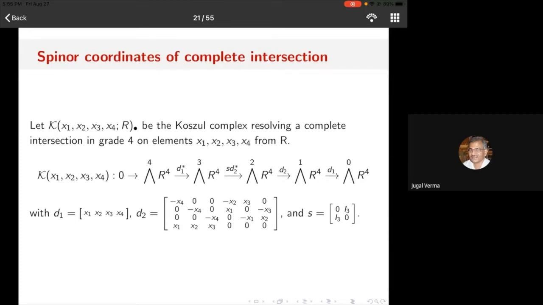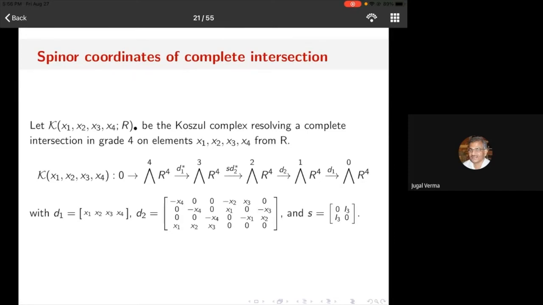Here we take R to be any Noetherian local ring, and we resolve R modulo the ideal of x1, x2, x3, x4. The resolution is of this form, where F2 is the second exterior power of R4. The differentials D1, D2 are of this form, and the symmetric isomorphism S is this.